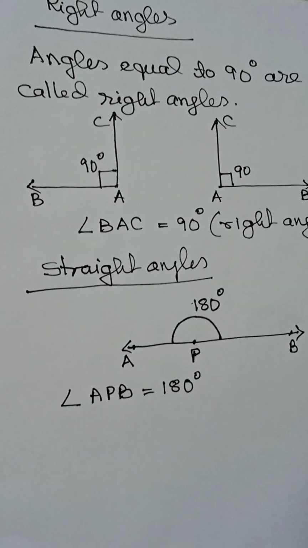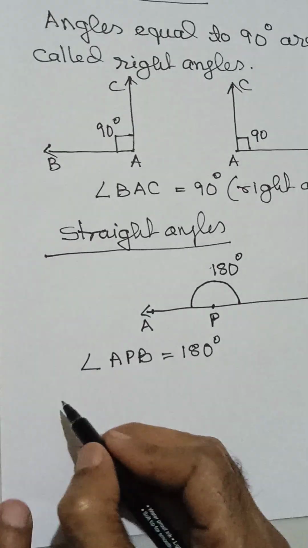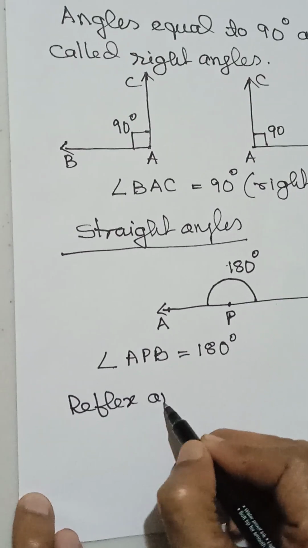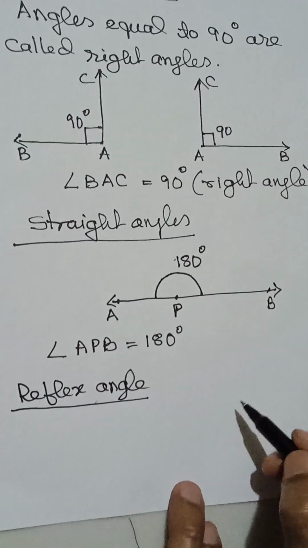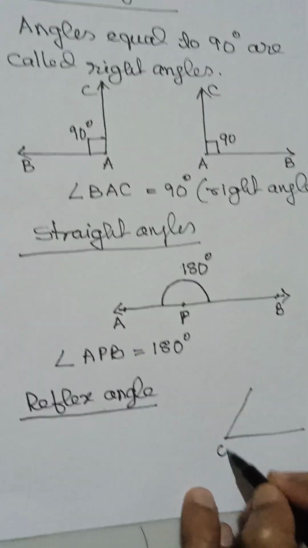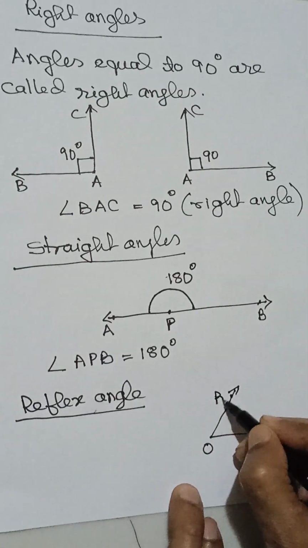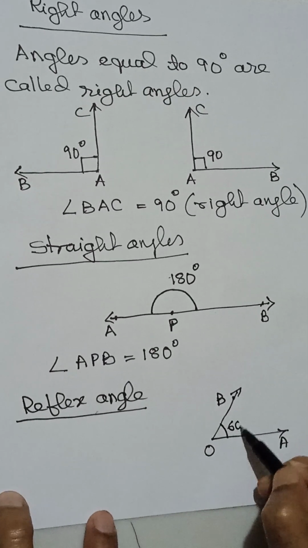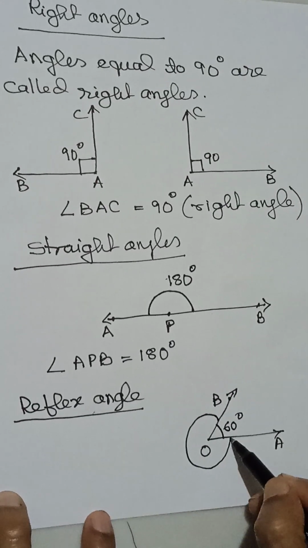So next we will come to reflex angles. Reflex angle, suppose any angle, here it is O, here it is suppose A, here it is B. Now the measure of this, suppose, is 60 degrees, then this is the reflex of it.